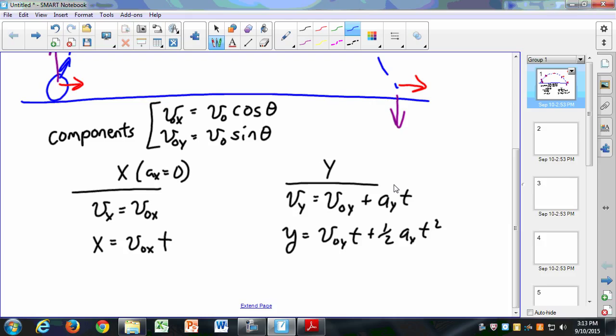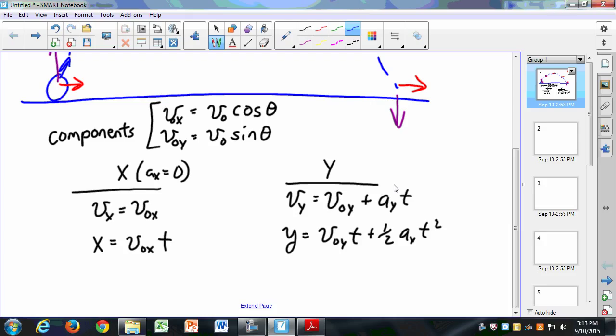I know y, I know t, I know ay, I know v naught x. I also know v naught y. Which of these, or some combination of them, could I use in order to find the height of the table? First of all, what am I looking for? The height of the table is y, right? I'm looking for this.